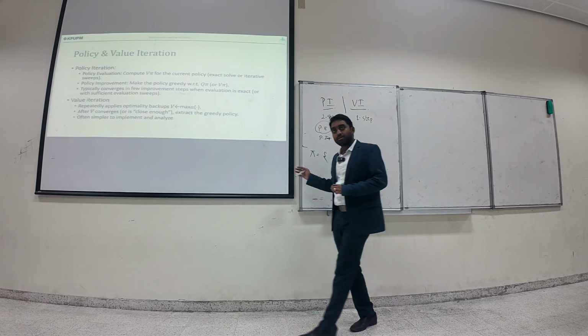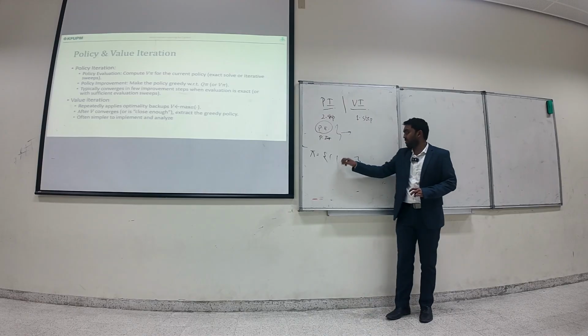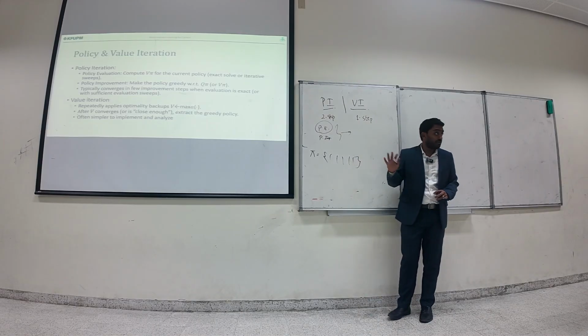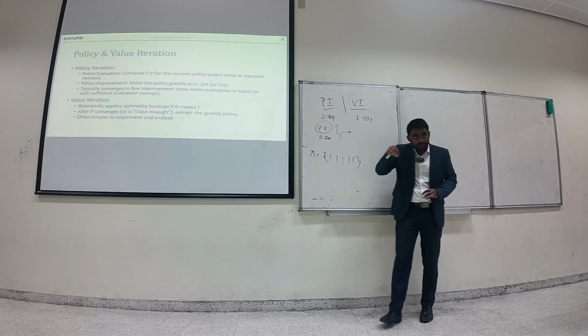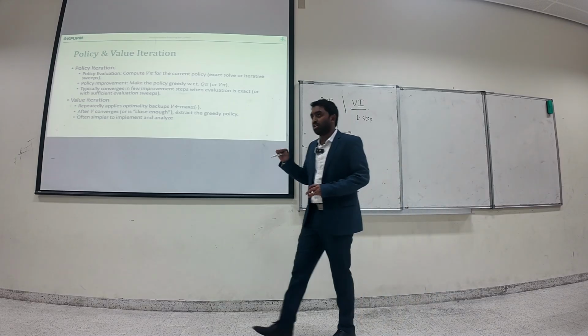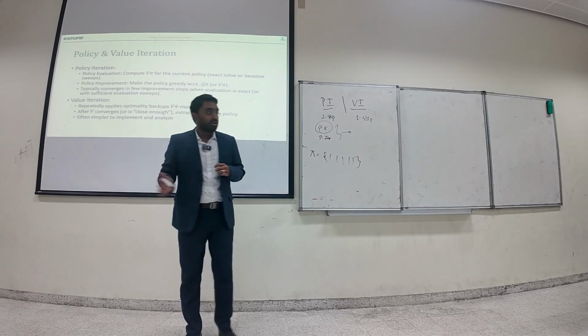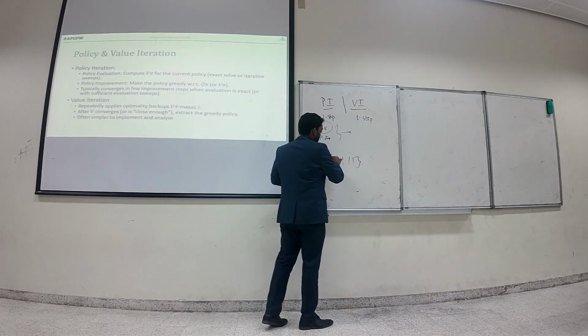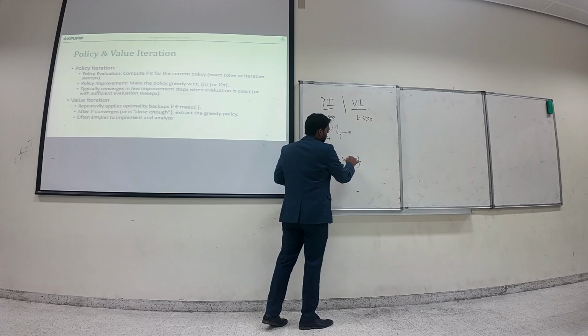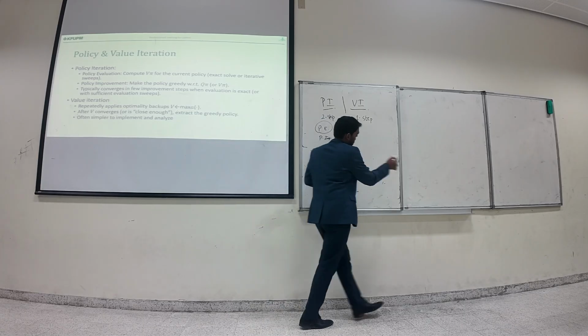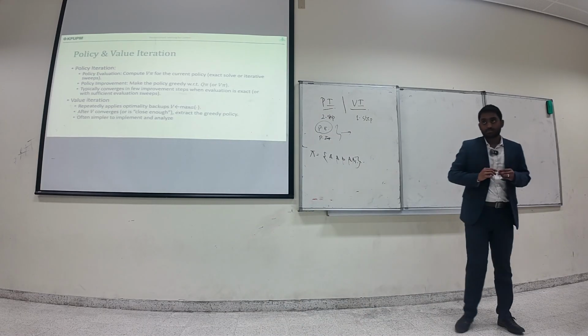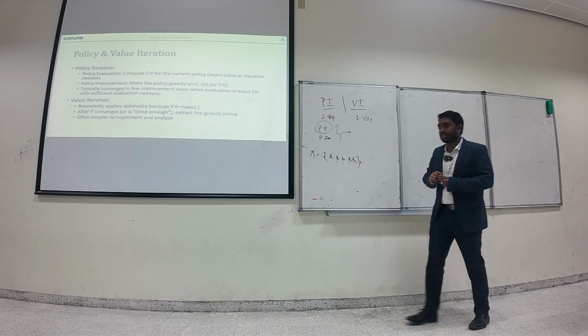You randomly fill this matrix or this vector with random actions. It can be anything. At that point in time, you do not have any knowledge of the policy or how good or bad it is, okay? So you just define actions A1, A2, A3, A4, A5 and so on, right? This is your initial random policy.